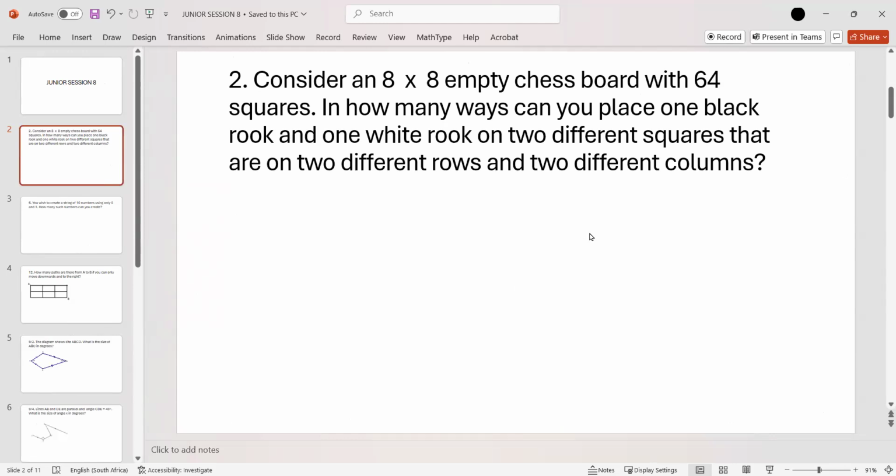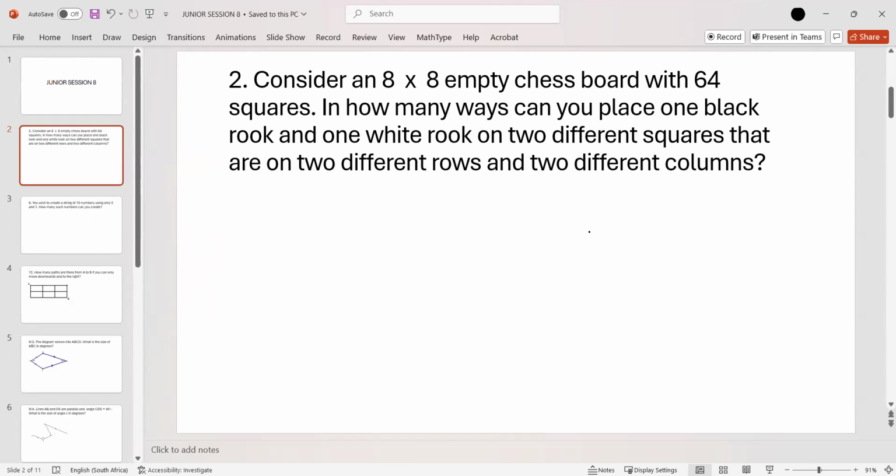Okay, the first problem says there is an 8 by 8 chessboard. Of course, it means it's got 64 squares in it. In how many ways can you place one black rook? Now, this kind of assumes that you have a knowledge of the names of the pieces, but it's not a serious matter.